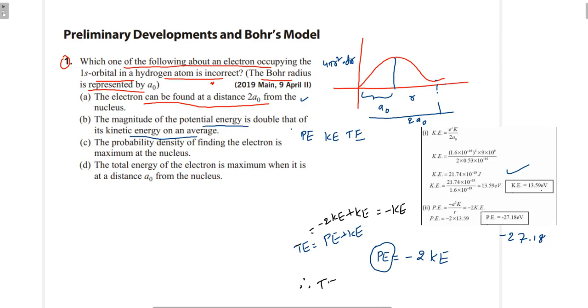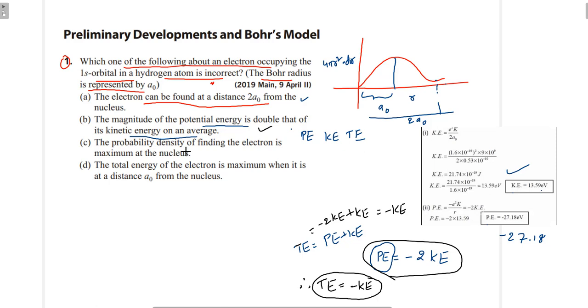This is one statement, and potential energy equal to minus 2 Ke is another. Now once again you read the statement: the magnitude of potential energy is double that of kinetic energy. Of course, this statement is correct. Negative sign is there, but we are talking about only the magnitude value.